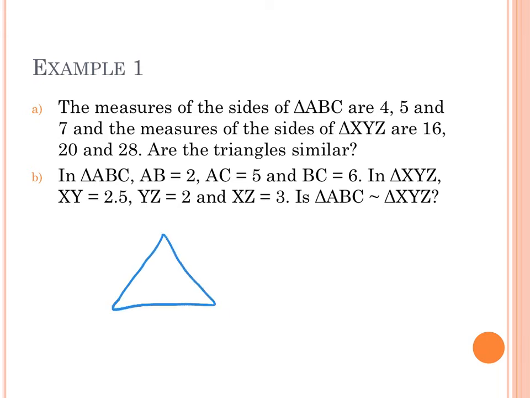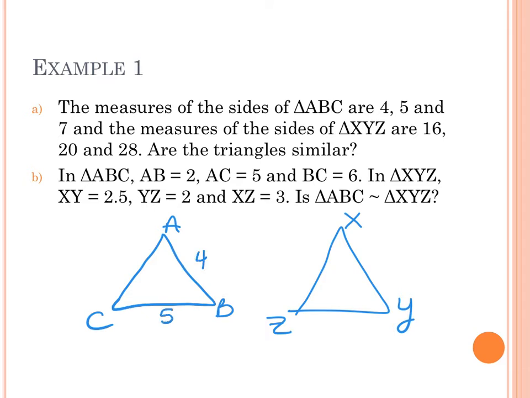So I'll put A up at the top, A, B, C, and then X, Y, Z. Obviously I should have drawn it a little bit bigger, but again, my figures are not drawn to scale. So I'm going to label the sides. It says the measures of the sides of ABC are 4, 5, and 7, and XYZ are 16, 20, and 28.